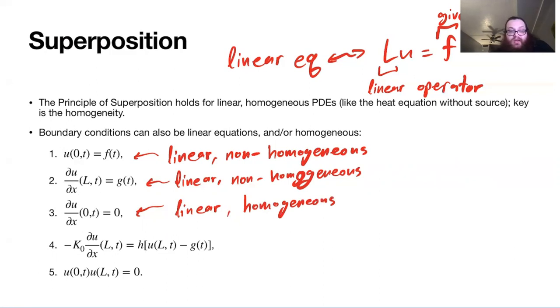We also saw that we could mix and match and have linear combinations of the derivative and the function value.